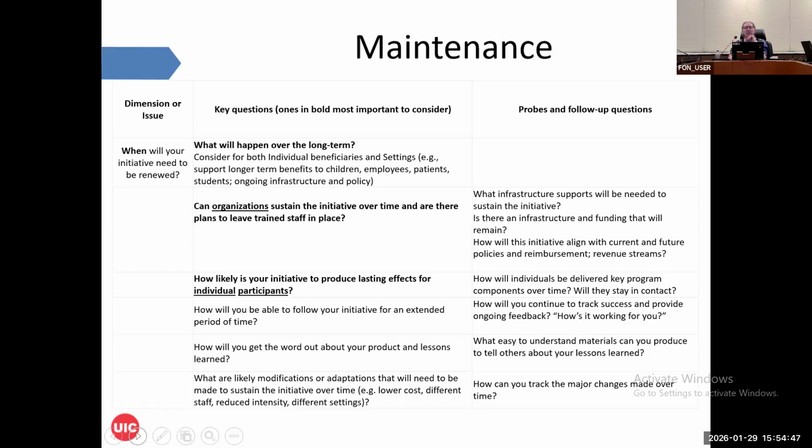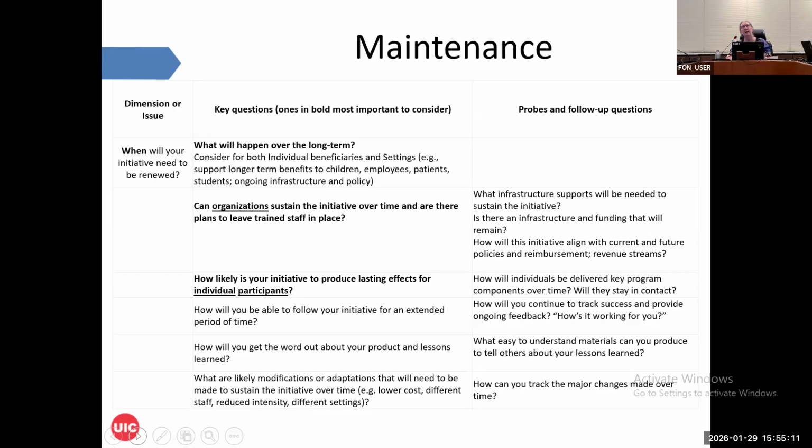Can organizations sustain the initiative over time, and are there plans to leave trained staff in place? And how likely is it that your initiative will produce lasting effects for individual participants? So these are some of the things that you want to think about with maintenance.